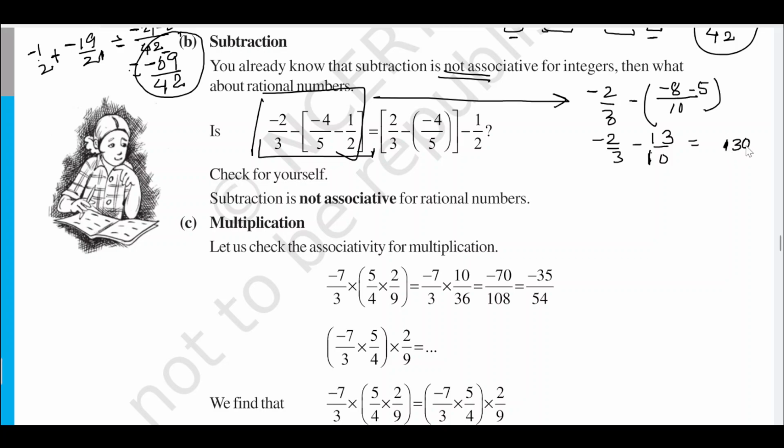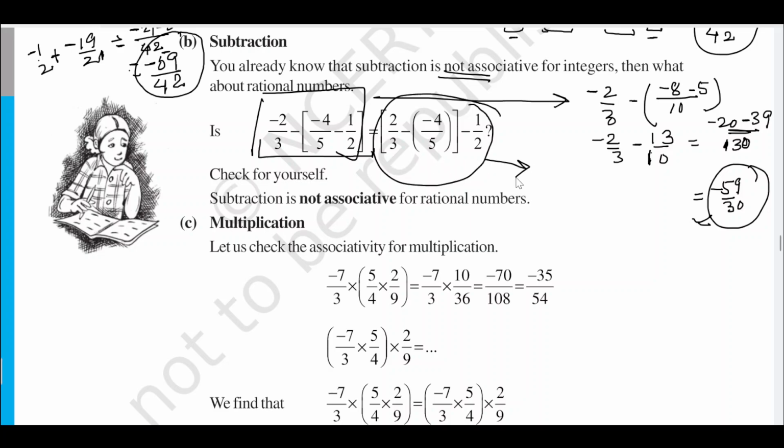LCM will be 30. So minus 20 minus 39. So it will be minus 59 by 30. Minus 59 by 30. For this case, RHS side we will solve. Inside the bracket, the LCM is 15.